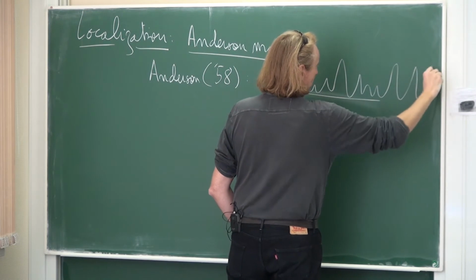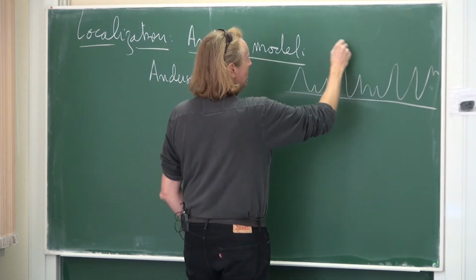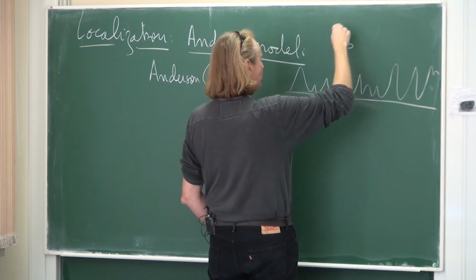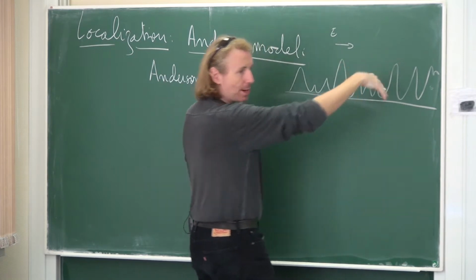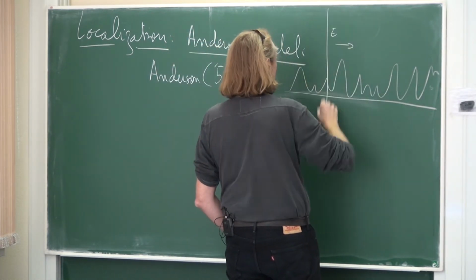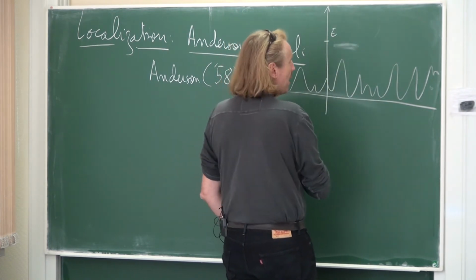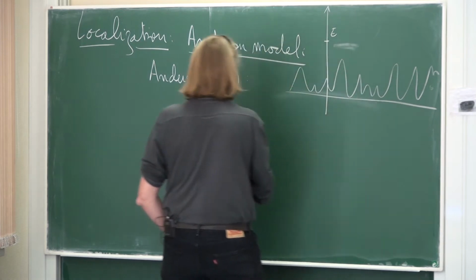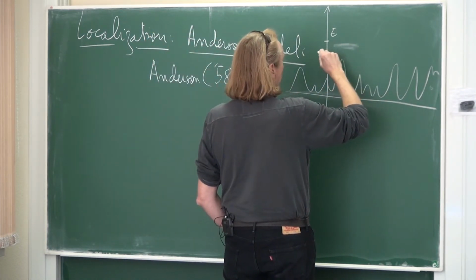right, and maybe 1D is the most astonishing, is that even if your electron moves at an energy E which is above all these random barriers, then what happens is that the electron is going to be localized.